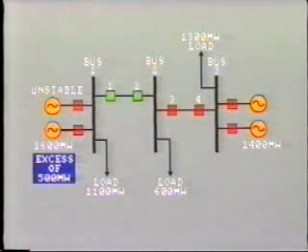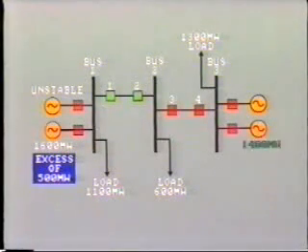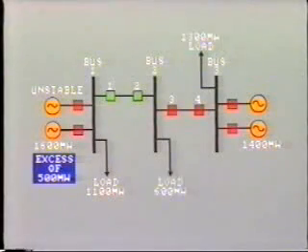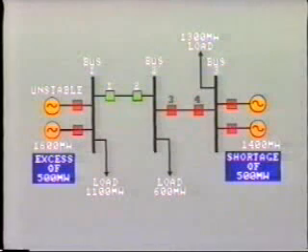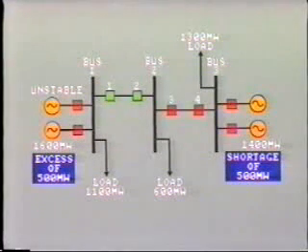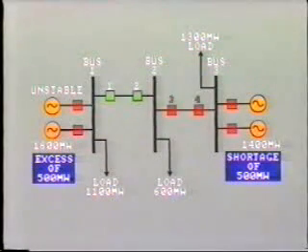But look at the remaining system. This has a generating capacity of 1,400 megawatts, trying to supply a load demand of 1,900. There is a shortage of 500 megawatts. Ideally, we would have preferred to split the system by opening breakers 3 and 4, so that the two systems would each be reasonably balanced between generation and power demand.